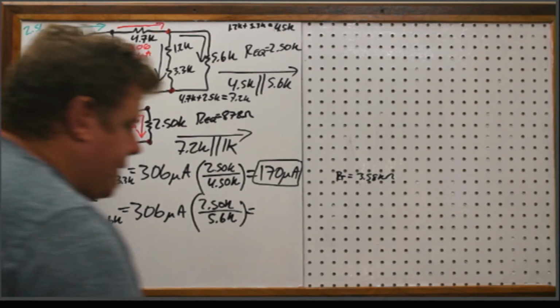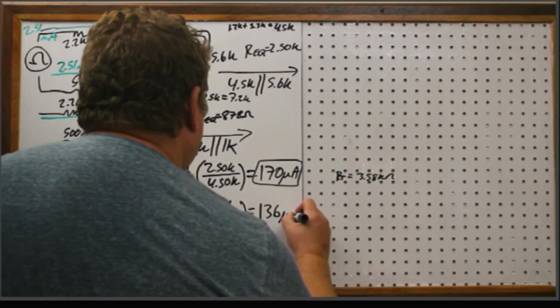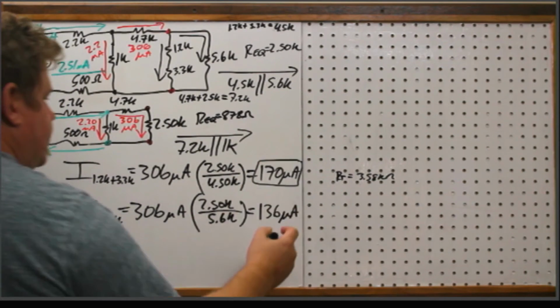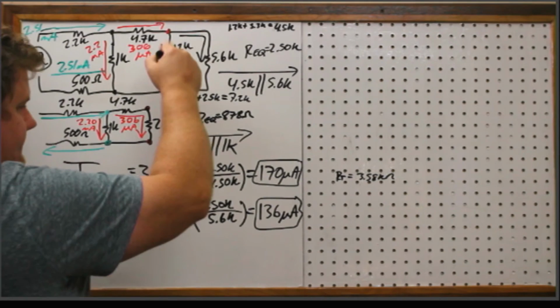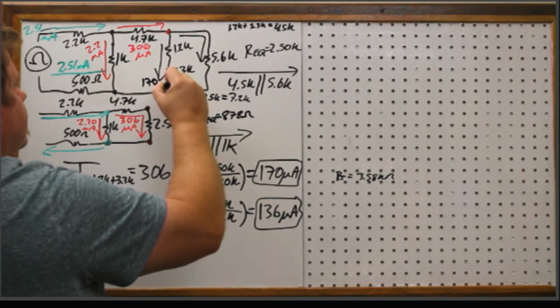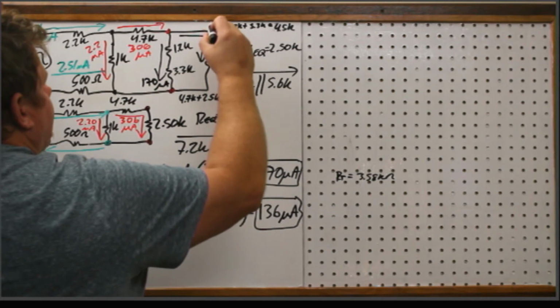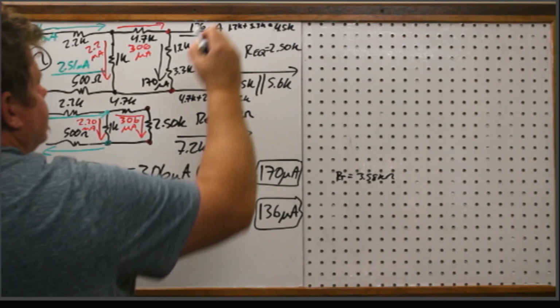And I get 136 microamps. And so that adds up to 306. So I think we're good here. All right, so this one is 170 micro. I know this is tough to see. And this one is 136. I'll work on getting some more colors.